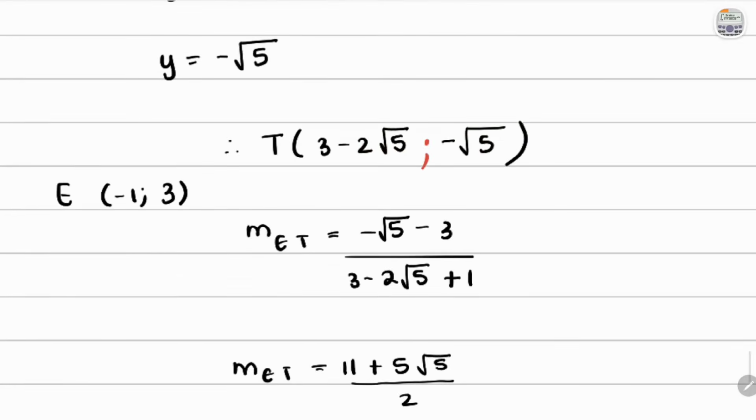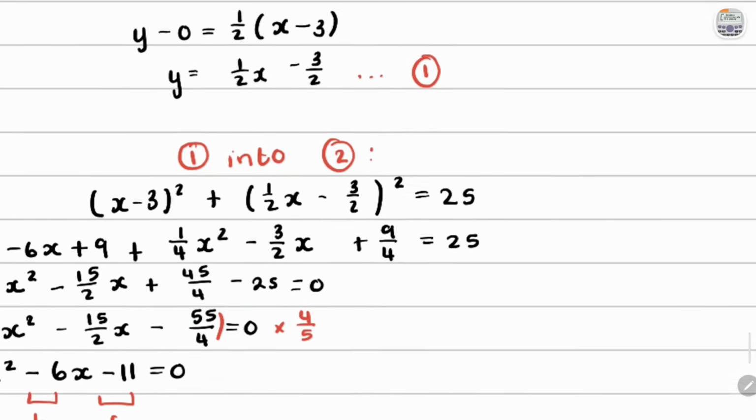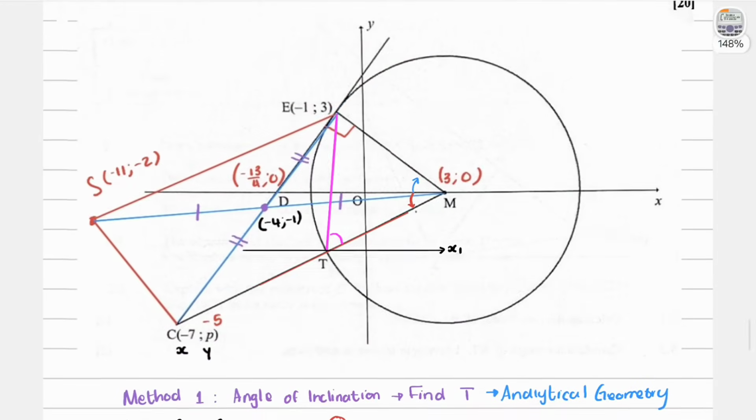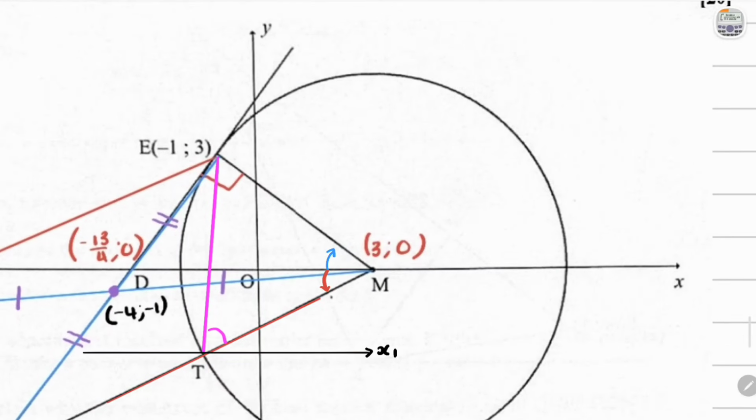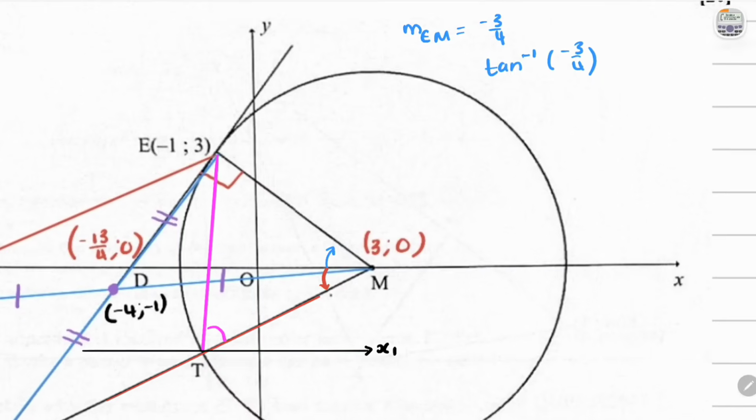We're going to focus on finding their angles of inclination. So with angle of inclination, you need to always just be careful and look at which angle you are referring to. With EM, we know the gradient of EM is negative 3 over 4. Okay, so let's keep that, negative 3 over 4. If you were finding the angle of inclination, you would say shift tan of negative 3 over 4. But here's the thing.